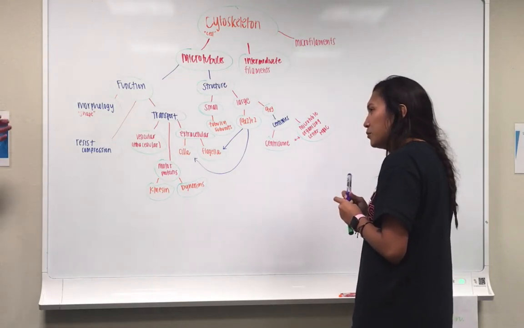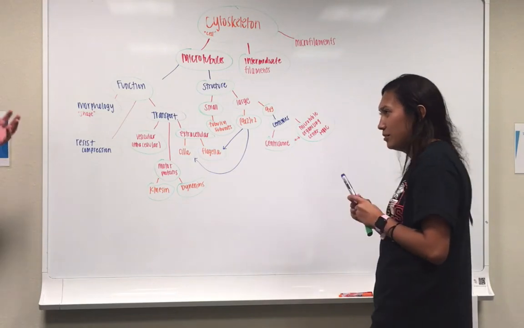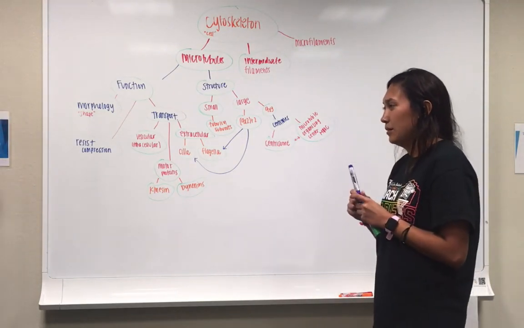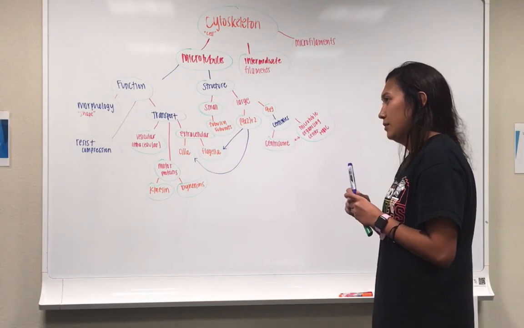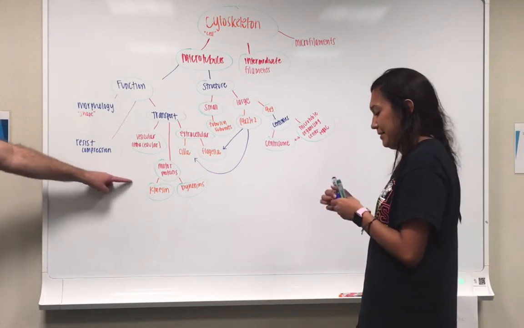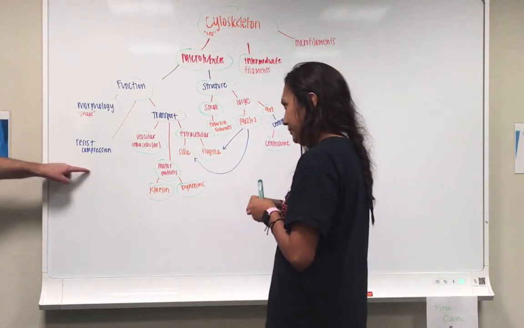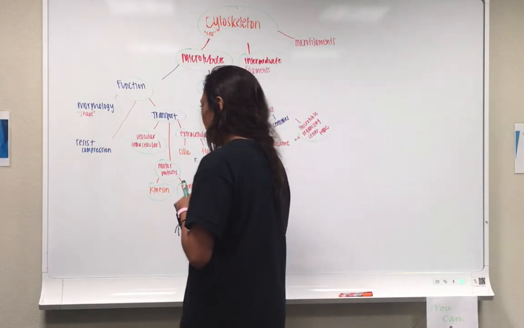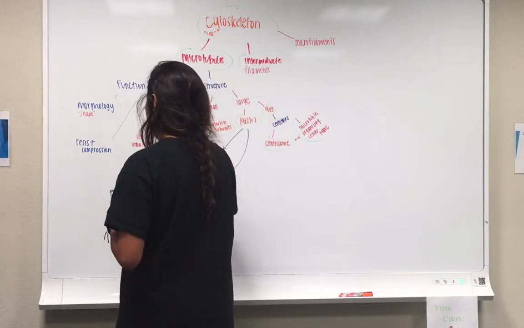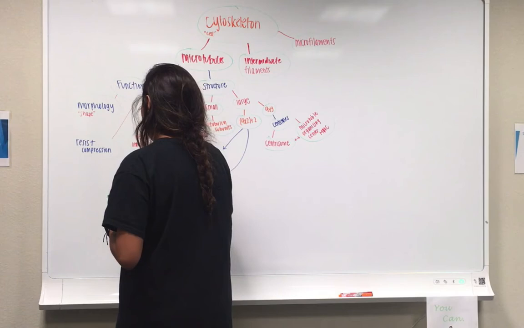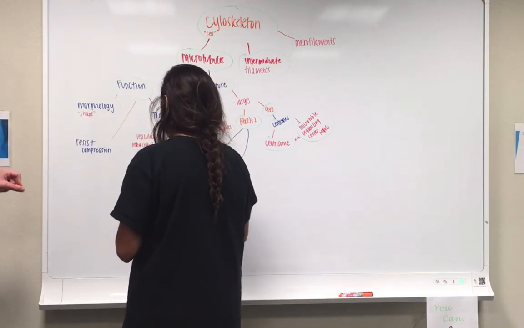We have vesicles that transport stuff from, let's say, the ER to the Golgi bodies. So kinesins are one of those things that move vesicular transport. Just draw an arrow connecting vesicular transport. Kinesins are the ones that are involved in vesicular transport.